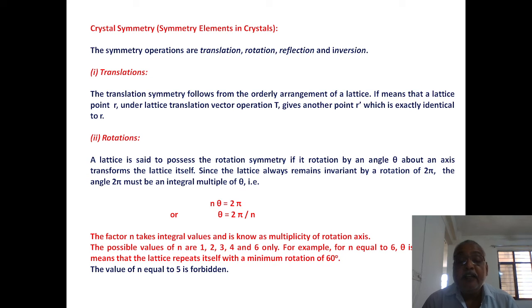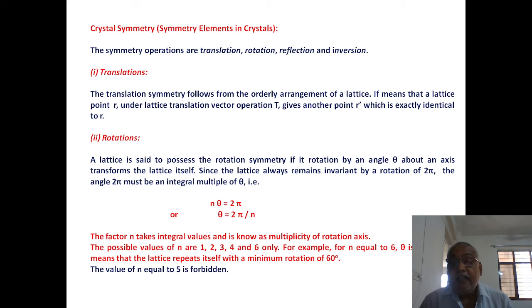So theta is equal to 2 pi by n. The factor n takes integral value and is known as multiplicity of rotation axis. The possible values of n are 1, 2, 3, 4 and 6 only.